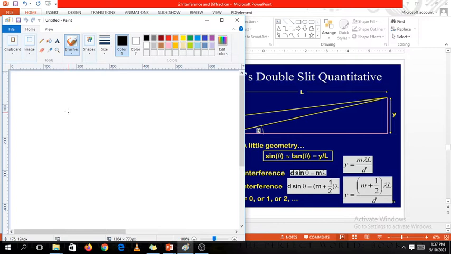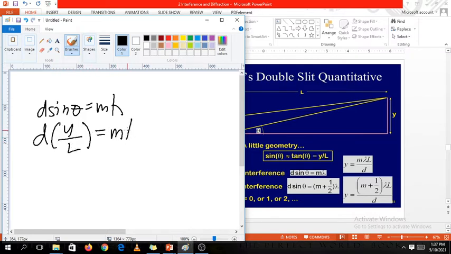To derive y equals m lambda L over d: d sine theta equals m lambda. But sine theta equals tangent theta equals y over L. So this becomes d times y over L equals m lambda.